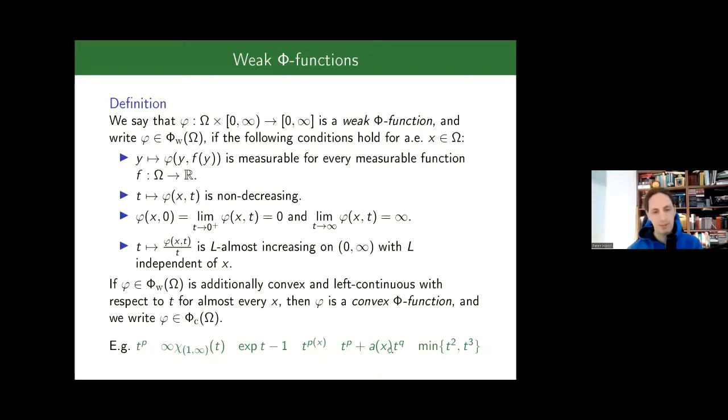So here are some examples at the bottom. Of course we have t to the power of p and exponential t, which are classical examples of Orlicz space. Then this one here actually allows for extended real valued phi.